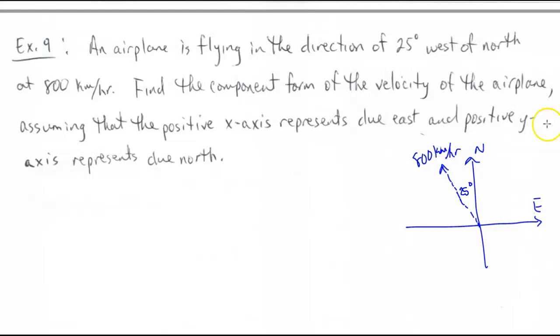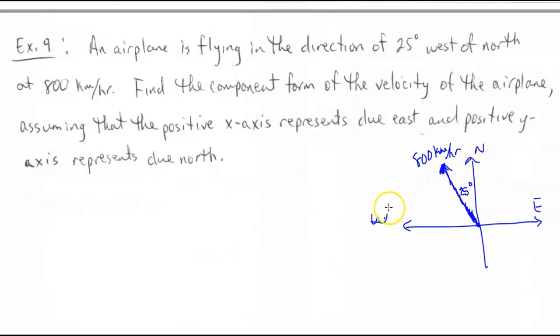So what we basically want to do is to say, hey, we have this vector here, but let's break that vector down into components. Mainly the component, the velocity of the plane that's contributing to it going due west, and the velocity that's contributing to the plane going due north.